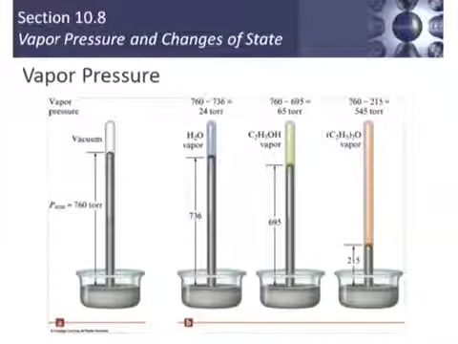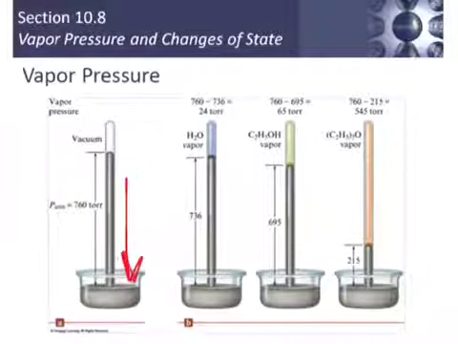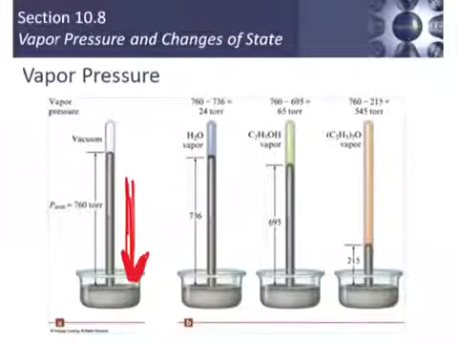So let's take a look at vapor pressure real quick. Here is an old school barometer. What we have here is, say, mercury in this dish, and you have this tube, and you have atmospheric pressure pushing down on that liquid.